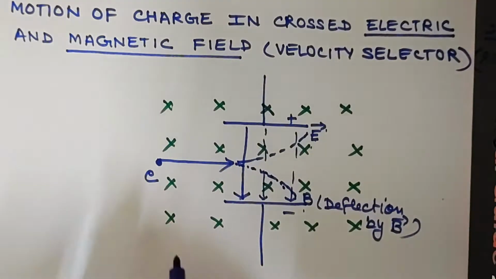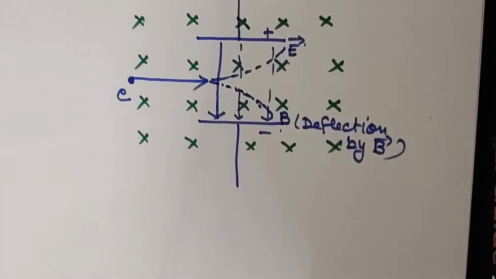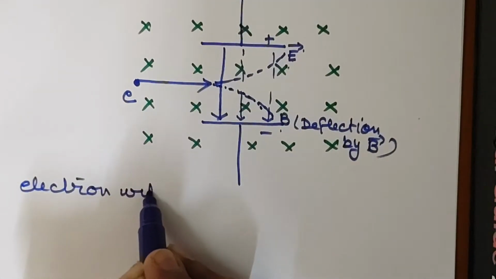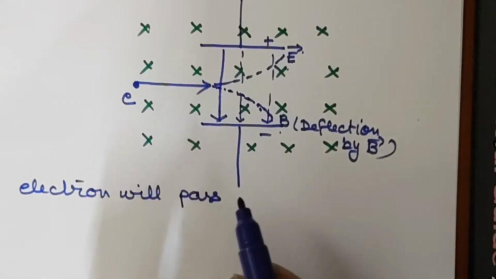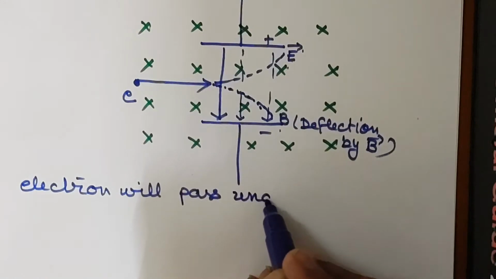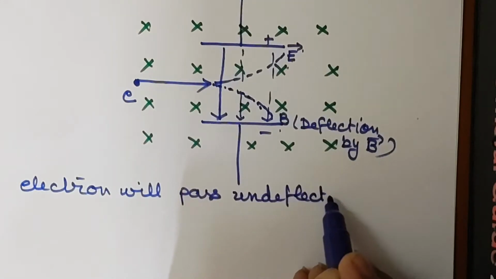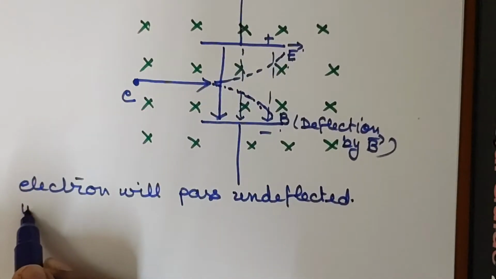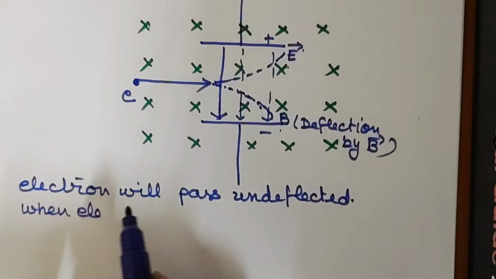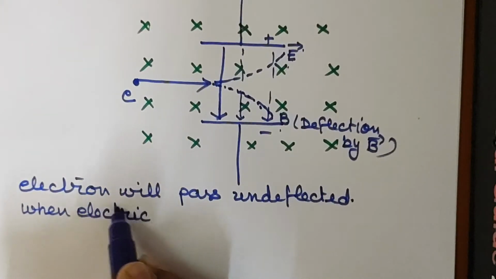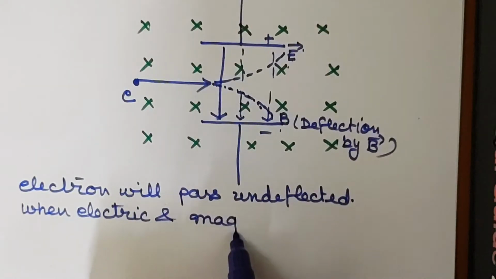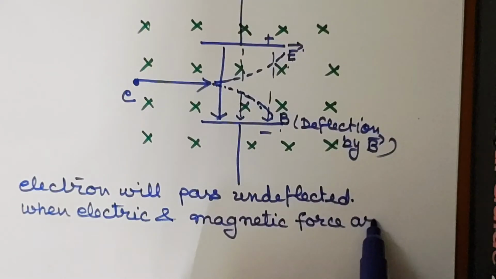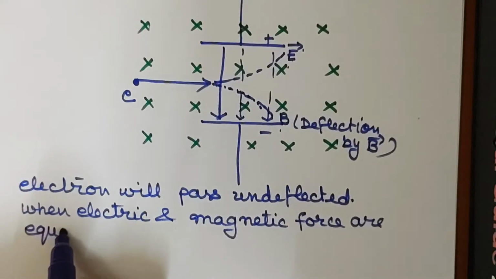So the electron will pass undeflected when electric force and magnetic force are equal.